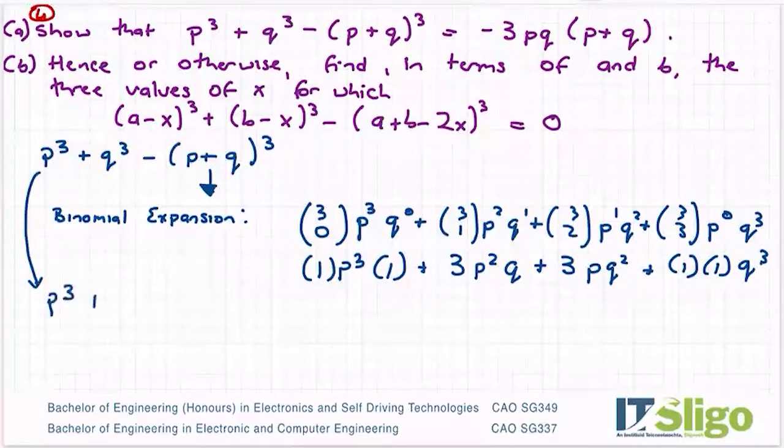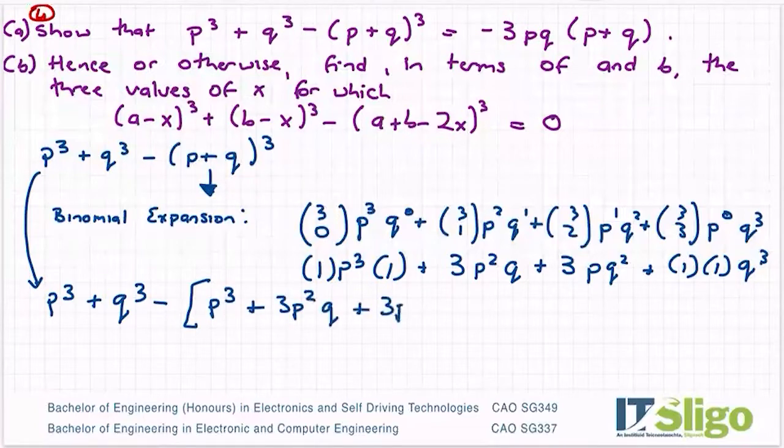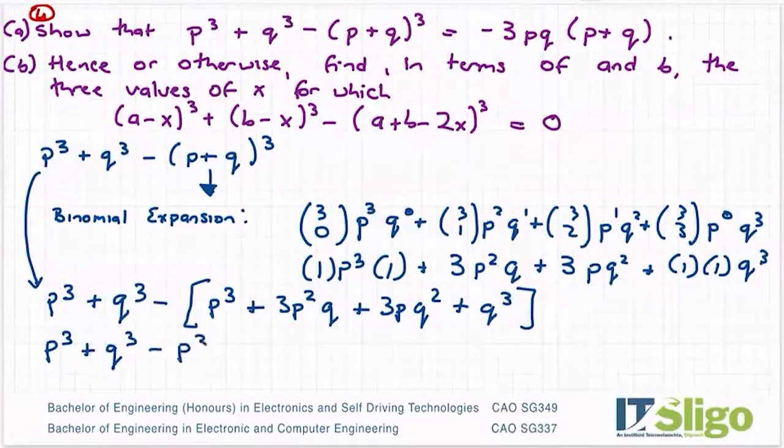Okay, so to tidy this one up then, p cubed plus q cubed minus. Okay, so I'm minusing, and I'm putting this big square bracket around this because it's minus all of these terms. So it's p cubed plus 3p squared q plus 3pq squared plus q cubed. Okay, let's ripple through that minus. p cubed plus q cubed minus p cubed, no, all right, that should be a minus.